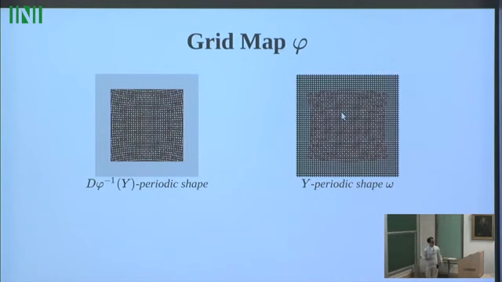So we can change the orientation locally using this grid map. And what we obtain, in fact, is that locally we obtain a periodic composite, and the periodicity cell is the gradient of phi to the minus 1 of the cubic cell Y.